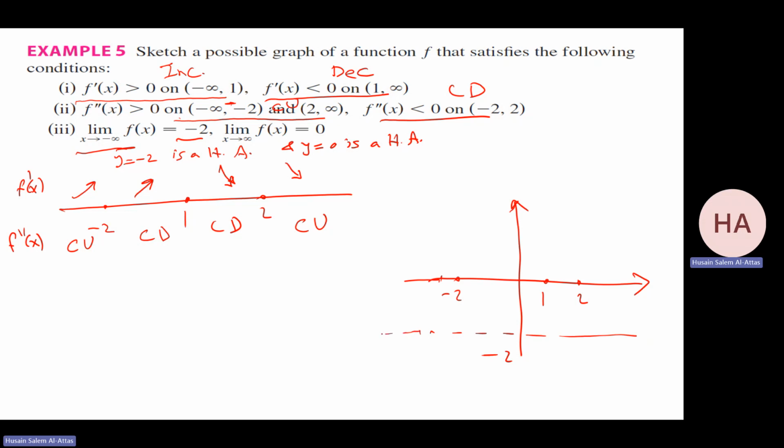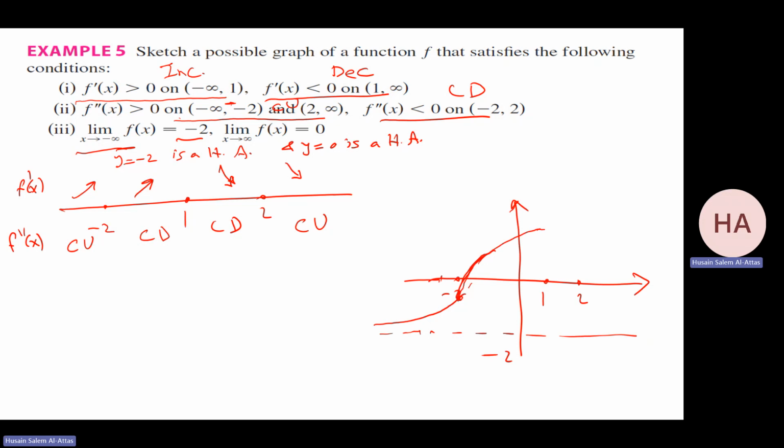And this is the asymptote. So it will reach this. It means it will do something that's concave up and increasing. It will do something like this. Up to here. Then from minus 2 to 1 is concave down and still increasing, but it will do something like this, concave down up to 1.